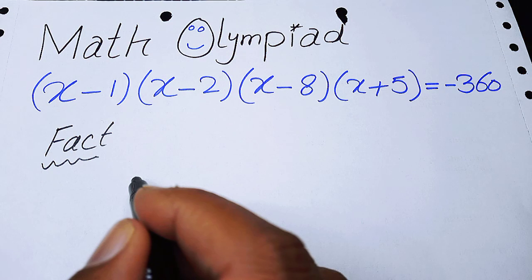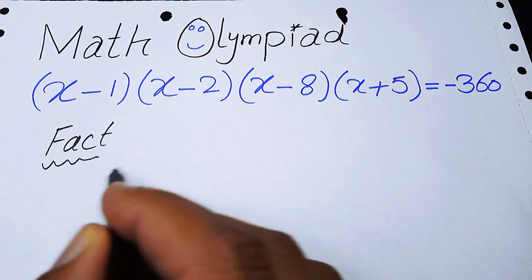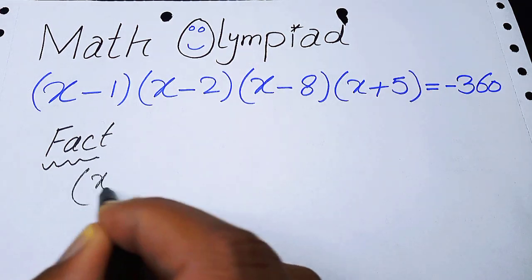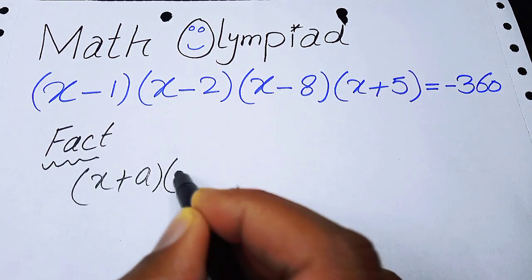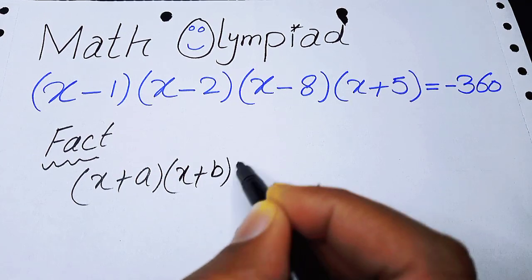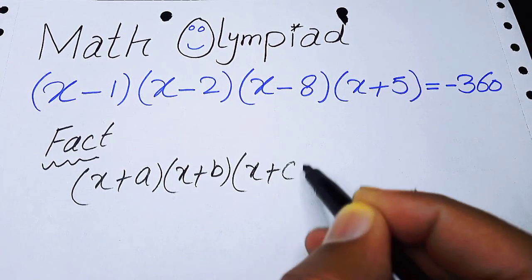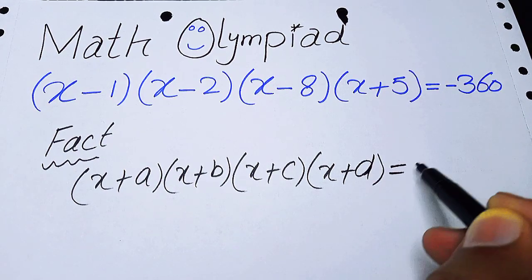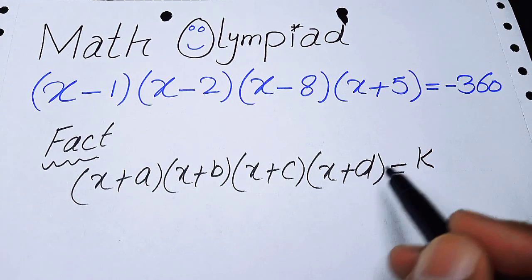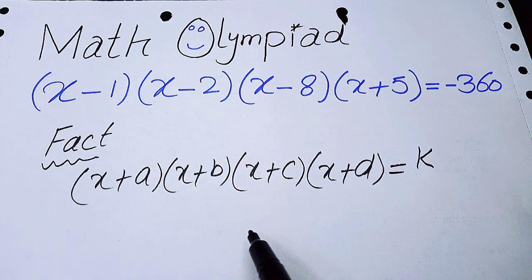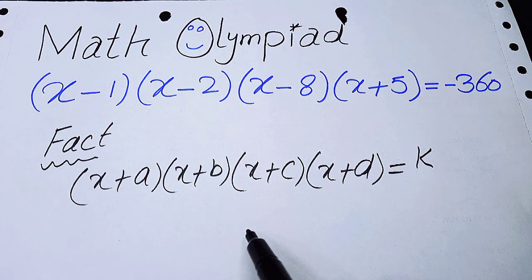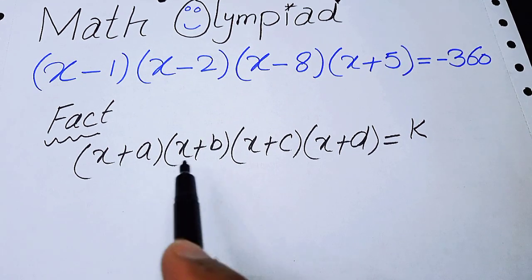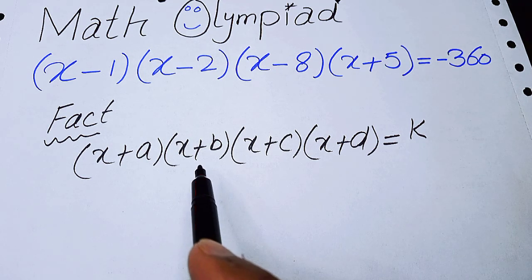If we have four factors multiplied by each other in this form: (x + a)(x + b)(x + c)(x + d) = k, then we will group the factors into two pairs.